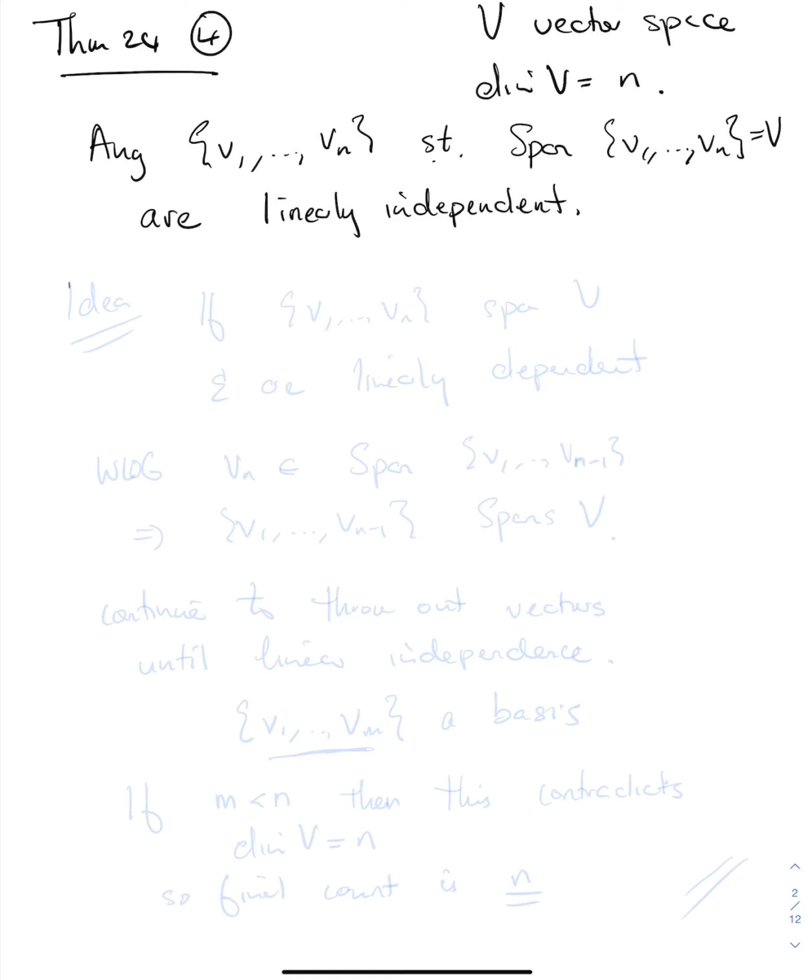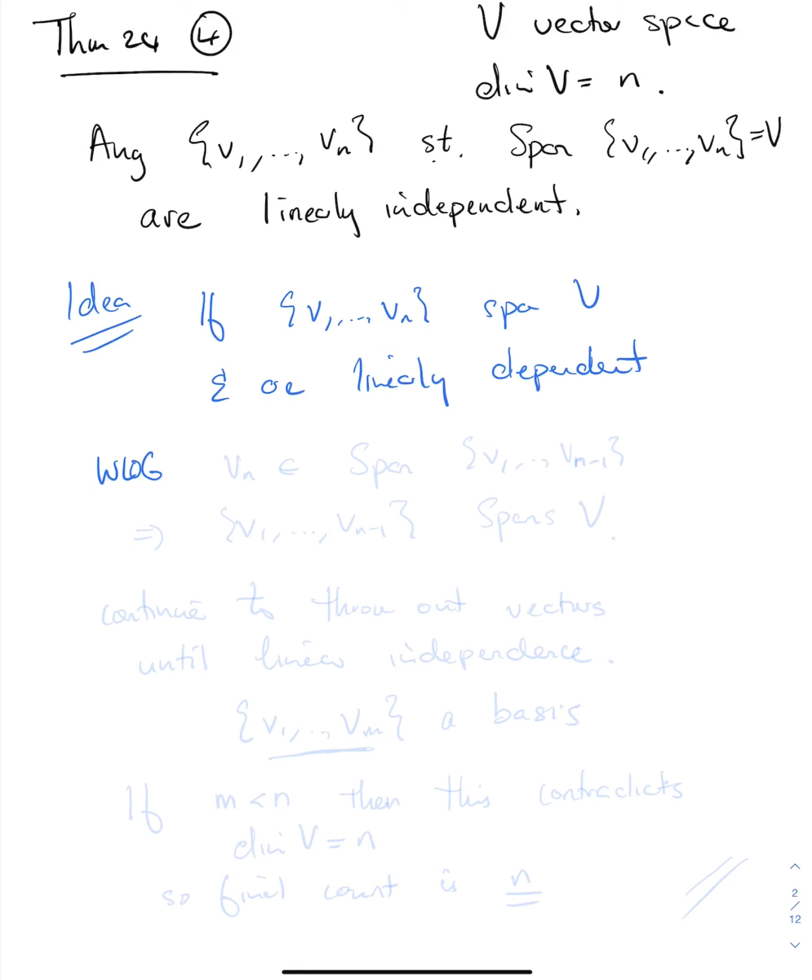As usual, I'm going to walk you through the idea, if not a perfect proof. Just want you to know how this might work. So, if they are linearly dependent, say v1 through vn span V and are linearly dependent, then without loss of generality, that means that one of the vectors can be expressed in terms of the other vectors.